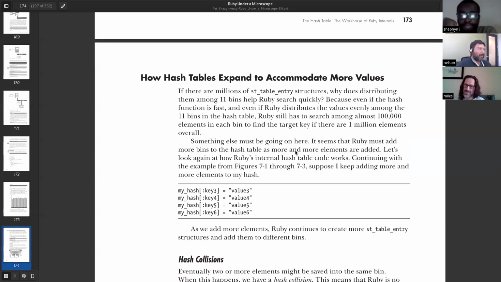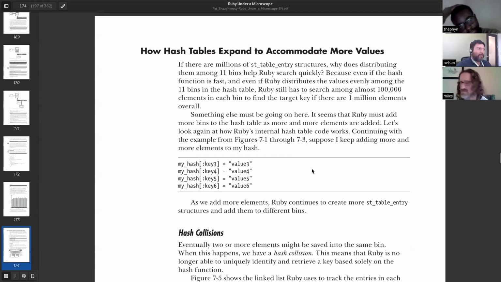The way I first heard it was looking up a word in a dictionary, right? All the words in a dictionary are in order. So if you just open up the dictionary to the midpoint, is the word there? No. Does the word alphabetically come before this point or after this point?